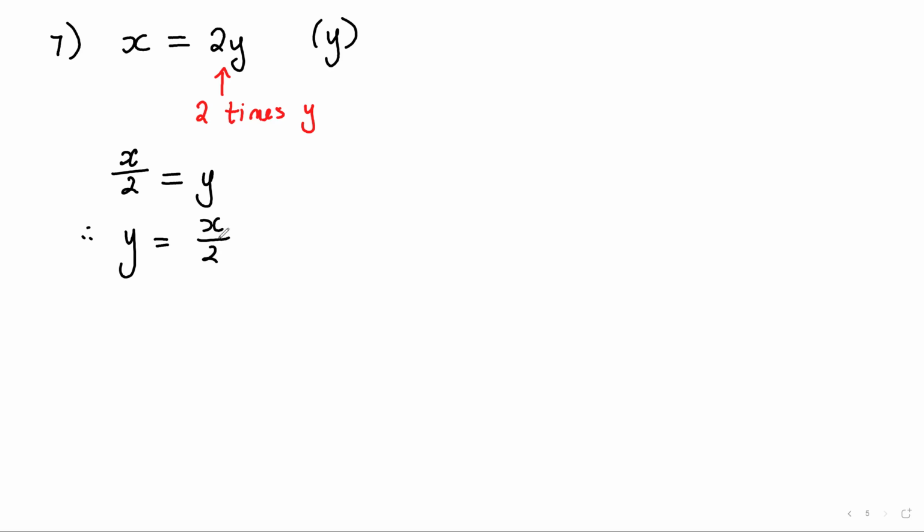That is like any algebraic question where you end up with, for example, 2y is equal to 10. You would tell me that y is equal to 10 divided by 2, so y is equal to 5. It's the same thing here, except I have x over 2, and I cannot simplify further because I don't know what value x stands for.